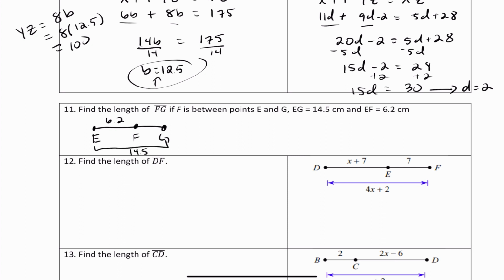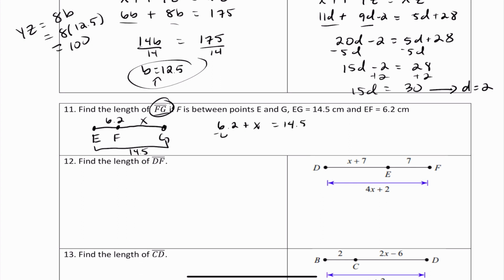Find, what am I supposed to find? Find the length of FG. Here, I'm going to adjust this so I can put it right there. There you go. Okay, that's 6.2. And then I need to figure out what EG is, or sorry, FG. I'll call that X. So now I have 6.2 plus X equals 14.5.